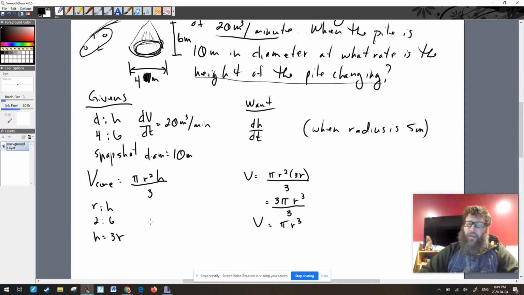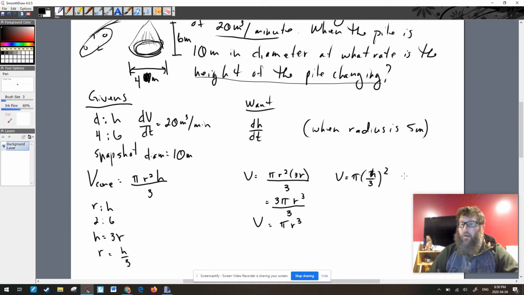But what that really indicates to us is that because we want things in terms of h, because I wanted to know at what rate the height is changing, I'm going to switch this ratio around a little bit and say that radius is equal to the height divided by 3. So I can go back to my formula and say volume is equal to pi, and I'm going to substitute in for r. So r is going to be h by 3.